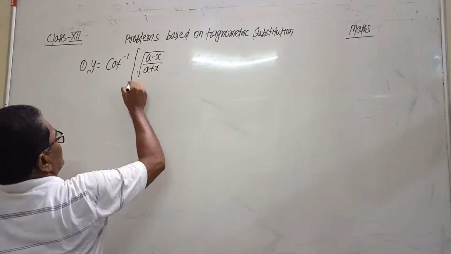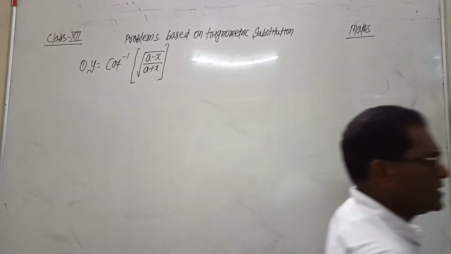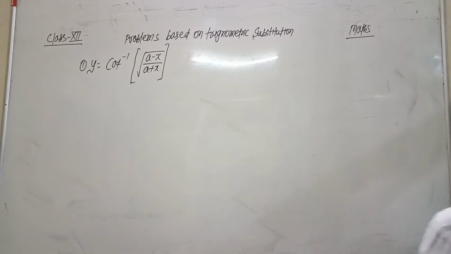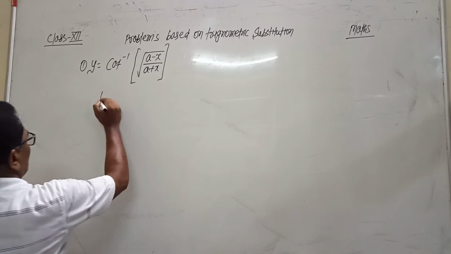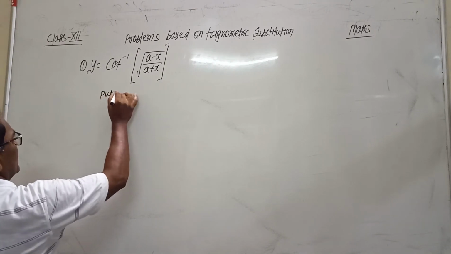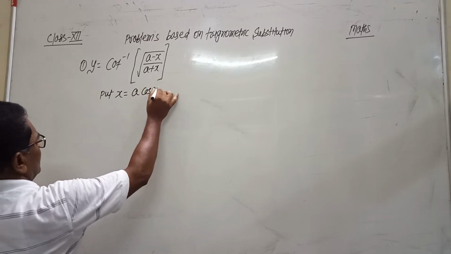We have to find dy by dx. So this is the form a minus x and a plus x. In this form we substitute, put x equals a cos 2 theta.